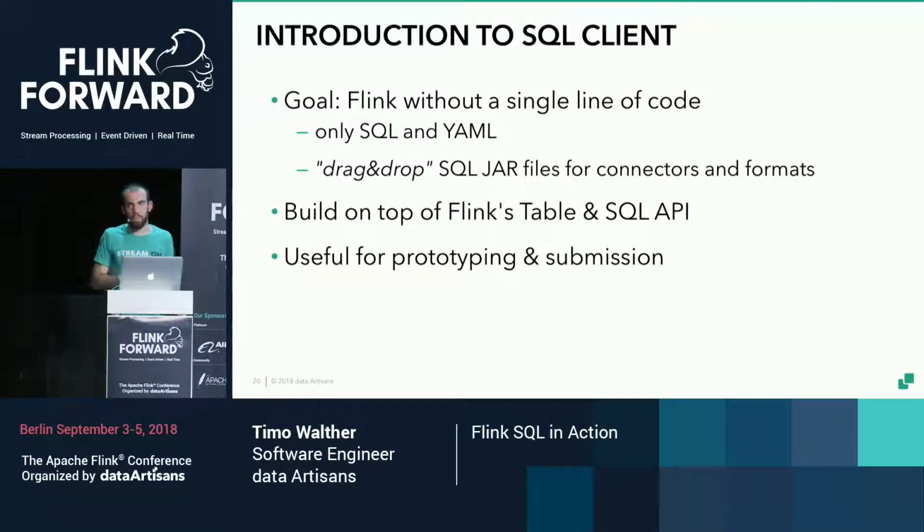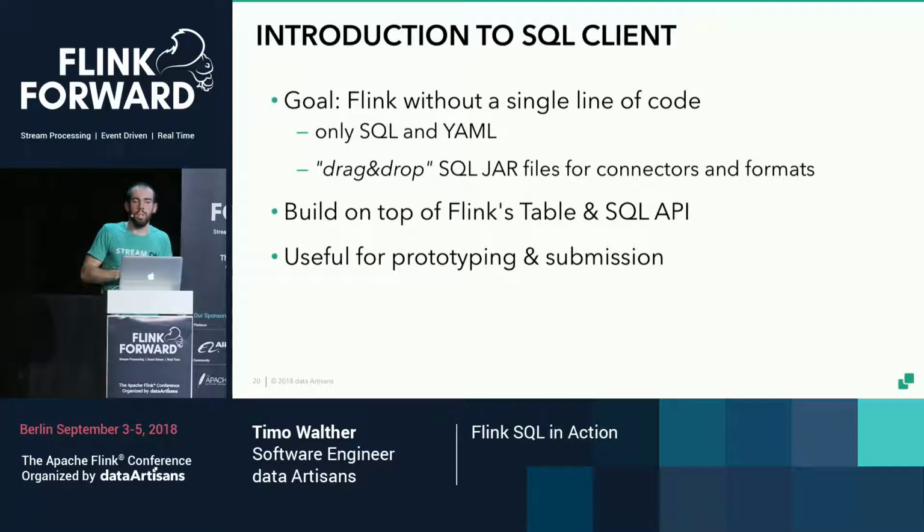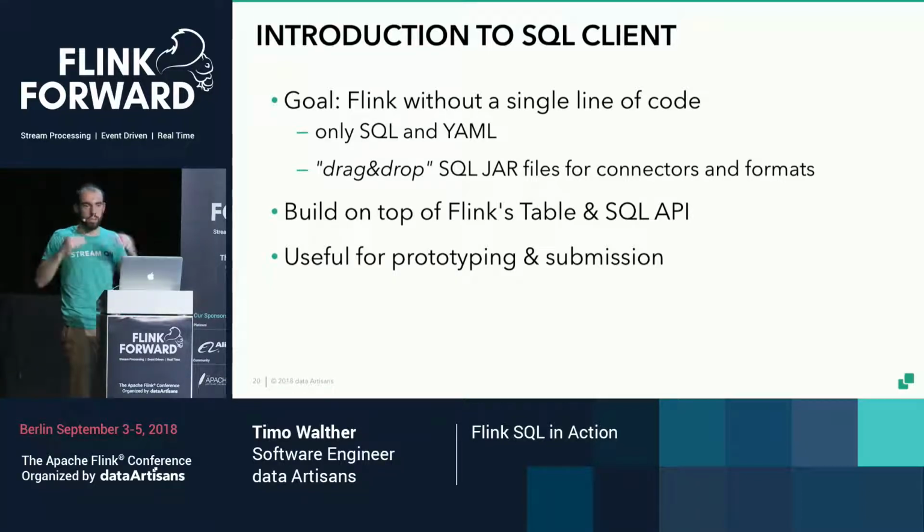Just drag and drop the SQL jar files into the library folder, and then you can use this connector or format. Everything is built on top of the SQL API, which means whenever you need a function, just look into the Flink SQL docs, and then you know if this function is supported or not.